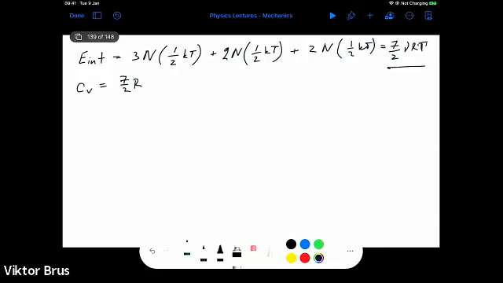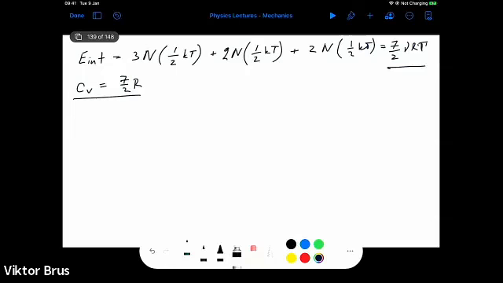So why do we still consider separately translational motion, translational with rotational, and then translational, rotational, and vibrational? From the first point of view, we should just go to the last point, consider all of these contributions, and say, okay, this is the value for the diatomic system. However, it's a bit more complicated.